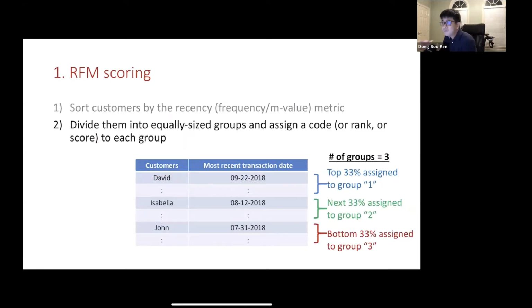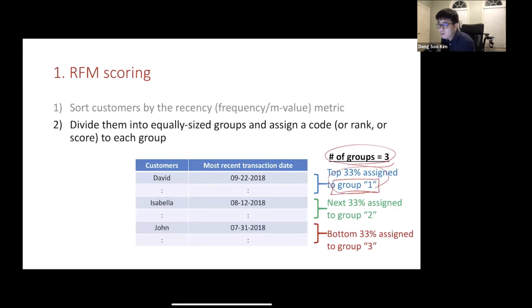Next, divide the customers into equally sized groups and assign a code to each group. For example, to score customer recency with 3 groups, it means we are going to make only 3 groups. And then the top 33% customers in the sorted list are assigned into group 1.